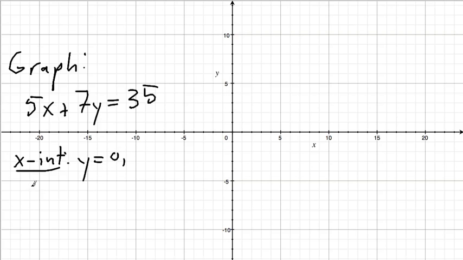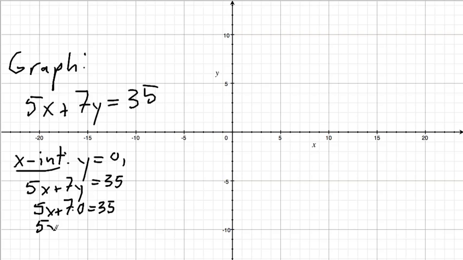We plug in 0, we get 5x plus 7 times 0 is equal to 35. That's 7 times 0, not 70.